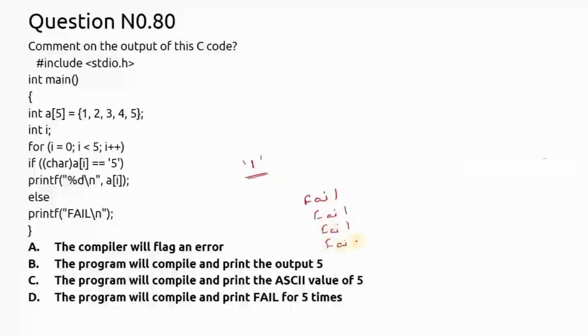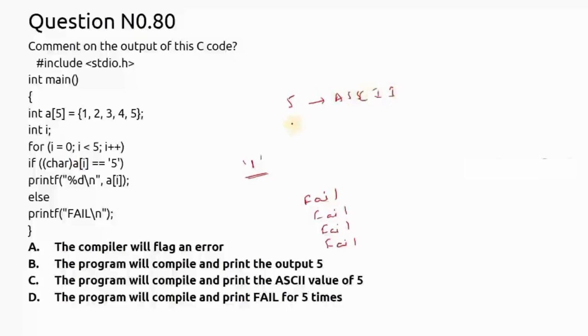Now I equals 3, the value is the same. Whereas for the next, I equals 4, the value is 5. 5 converted into character, it will take the ASCII value. Here it is not the character 5, both are not equal. Remember this one. Here the value is ASCII. What is the ASCII character for the respective value?